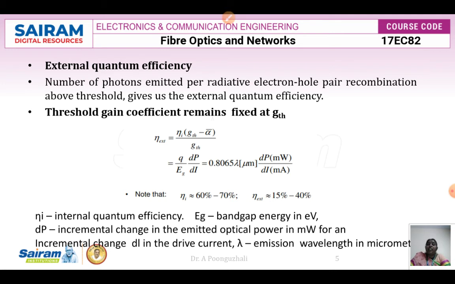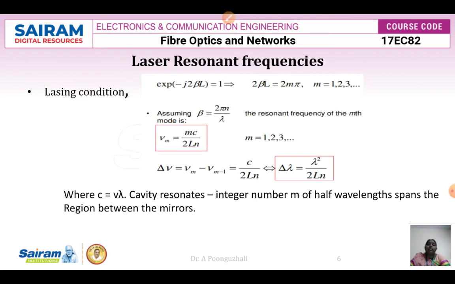Where eta is the internal quantum efficiency, Eg is the band gap energy in electron volts, dP is the incremental change in the emitted optical power in milliwatts, di is the incremental change in the drive current, and lambda is the emission wavelength in micrometers.